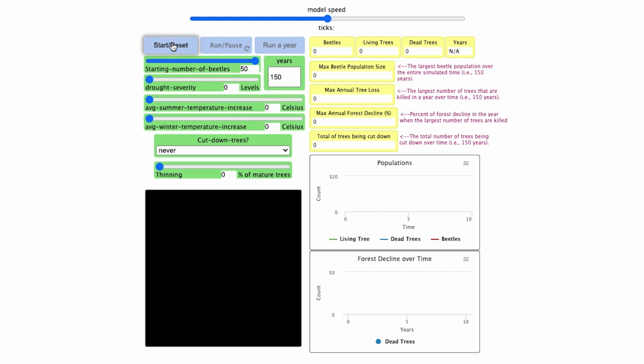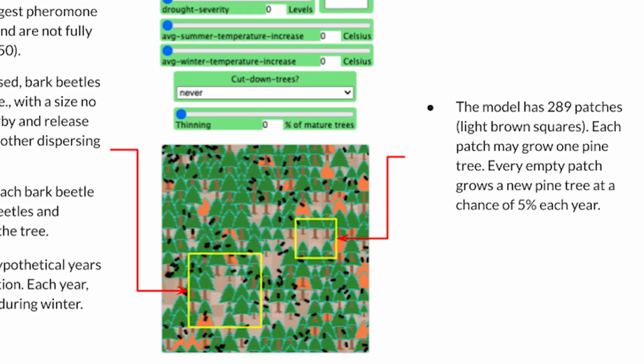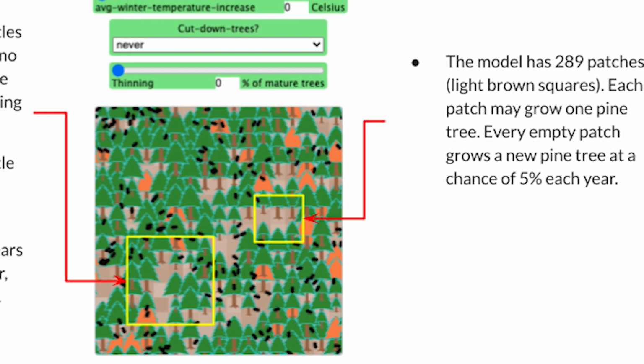We developed this climate-driven bark beetle outbreak model based on a set of rules. First, there are a total of 289 patches in the simulated forest. Each patch may grow one host tree. If a host tree is taken down by bark beetles, the empty patch will grow a new host tree slowly.